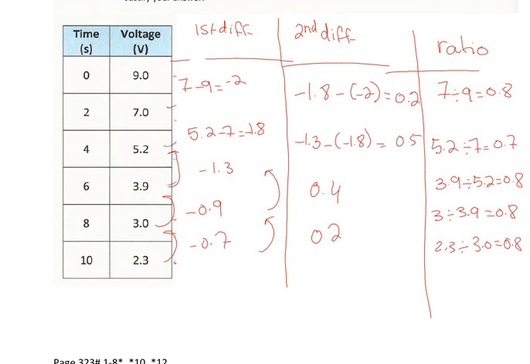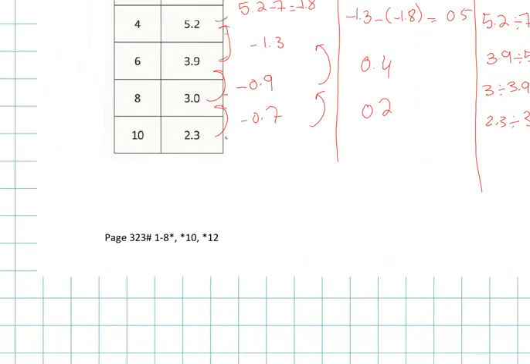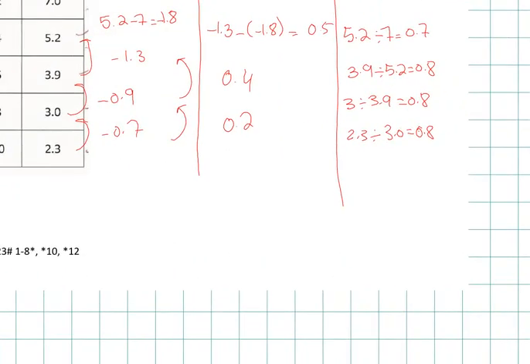So if we're looking at this one, our first conclusion is that the first difference is not constant. Therefore, this is not linear. You guys agree with me? Okay.